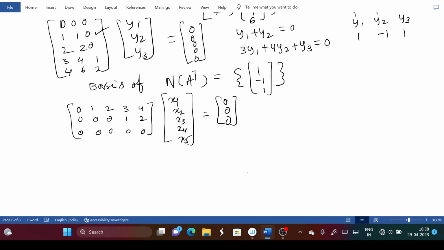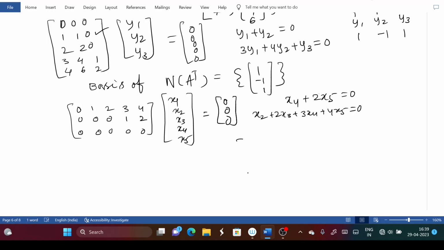So that implies there are two equations, that is x4 plus 2x5 is equal to 0. Another equation is x2 plus 2x3 plus 3x4 plus 4x5 is equal to 0.